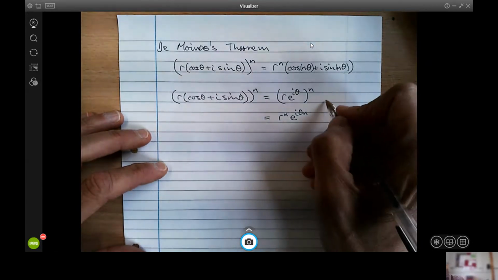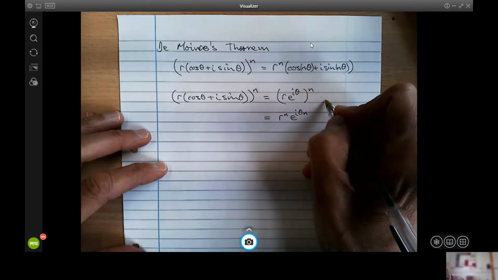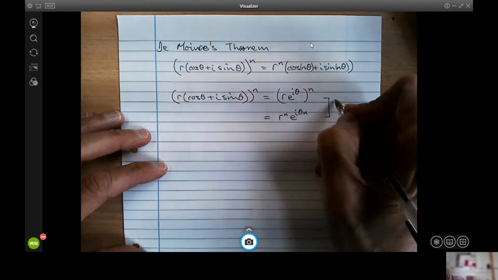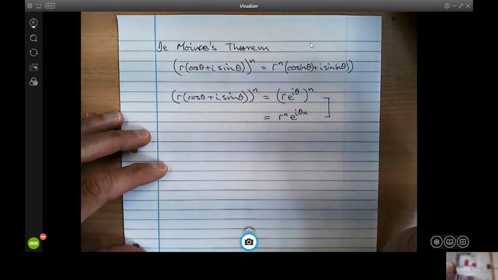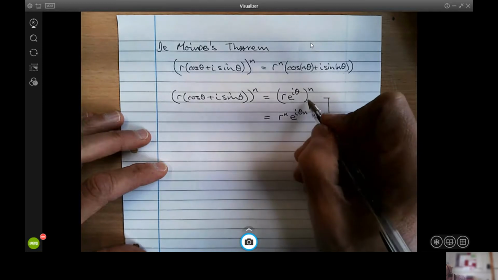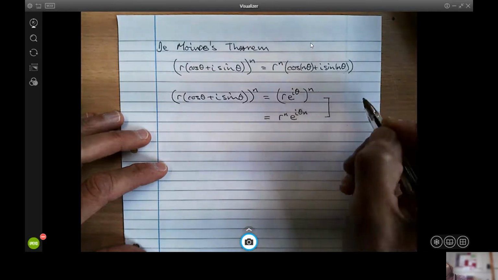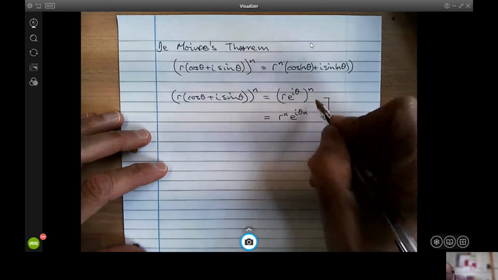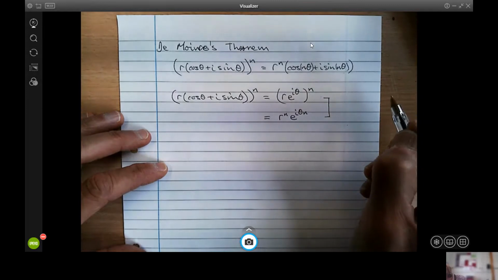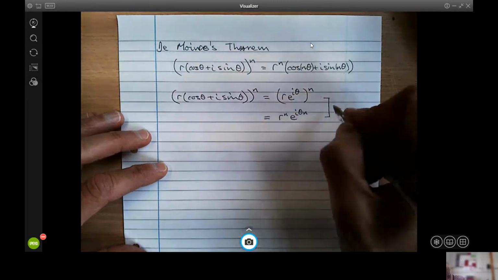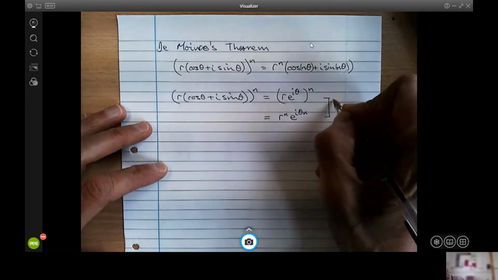Now this step, to go from here to here, is using a result which is about powers, which is true for complex numbers the same as it is for real numbers, but which does need proof.